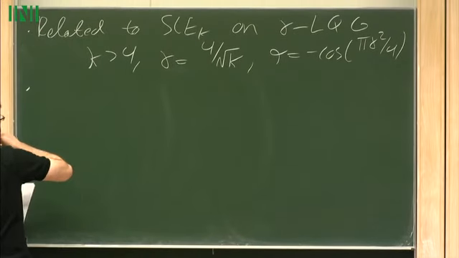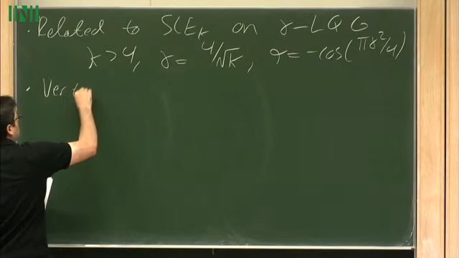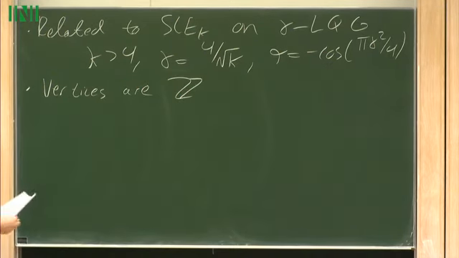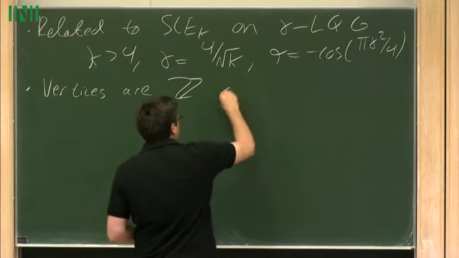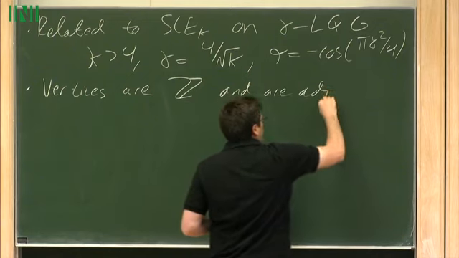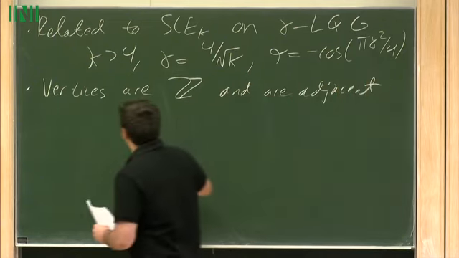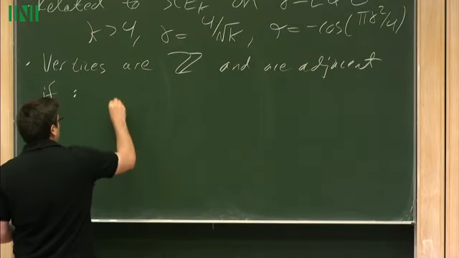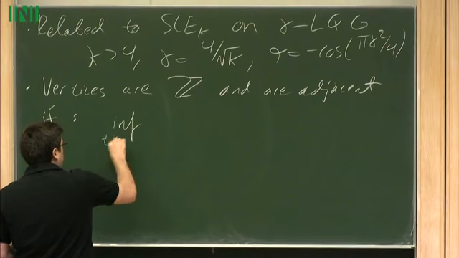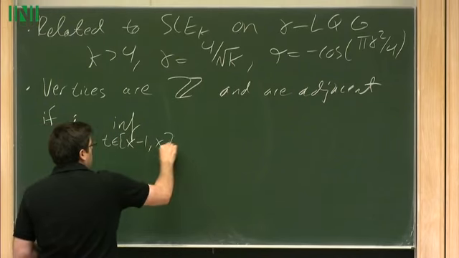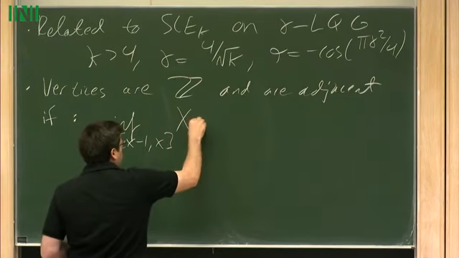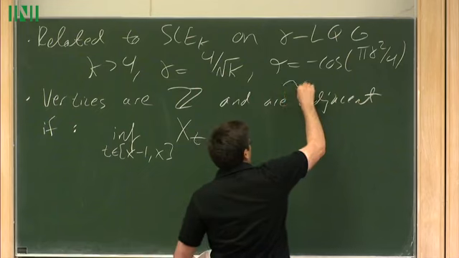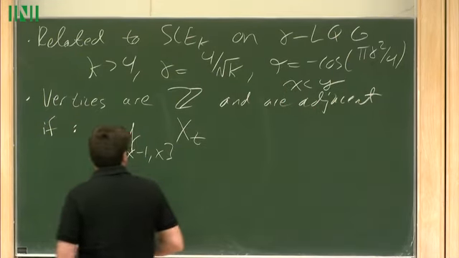Just to remind you of how the definition works, you start off with a copy of the integers. The vertices are going to be given by the integers, and we're going to say that they're adjacent if a certain condition holds. Here my integers are x and y, where I'm going to assume that x is smaller than y for simplicity.